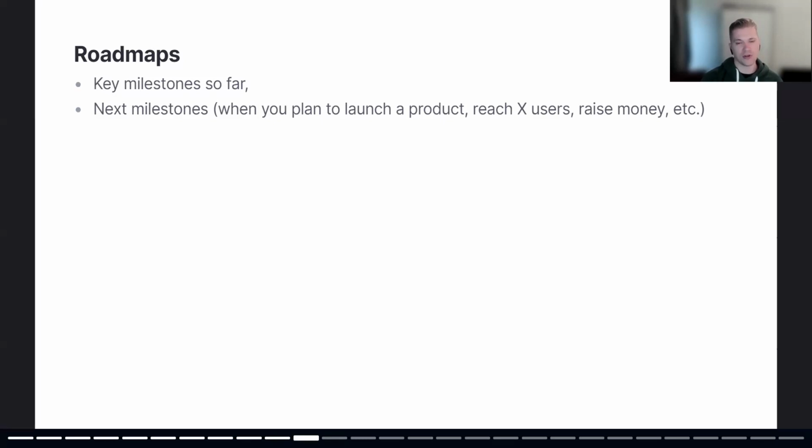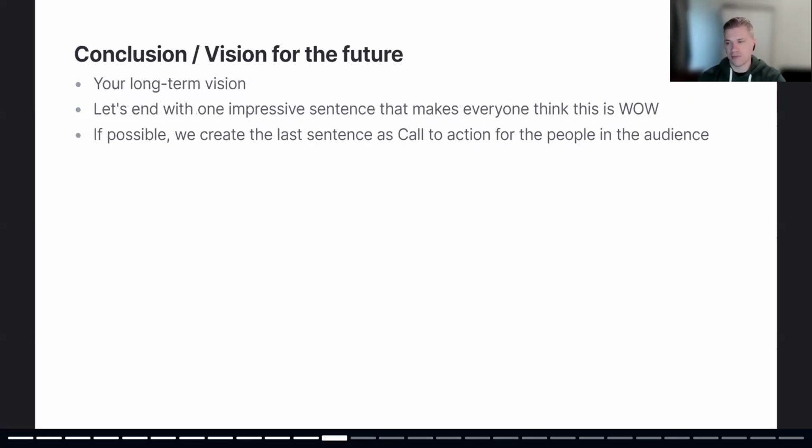So if you have these plans in place, of course, mention them in this roadmap slide as well, because then the audience understands, okay, this is what you did so far, and this is how big you are planning to go in the next months or in this time period that you are showing in that slide.